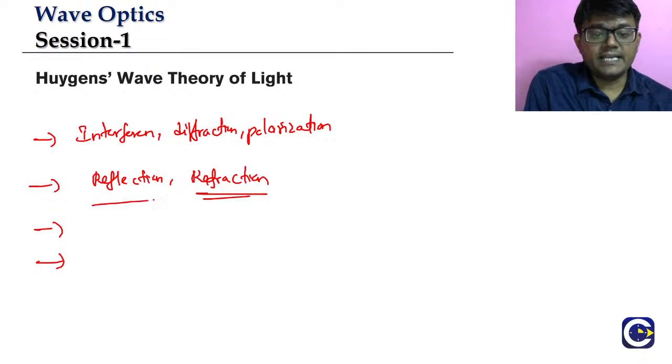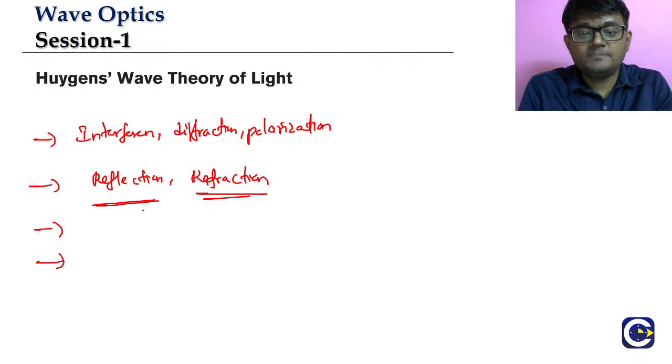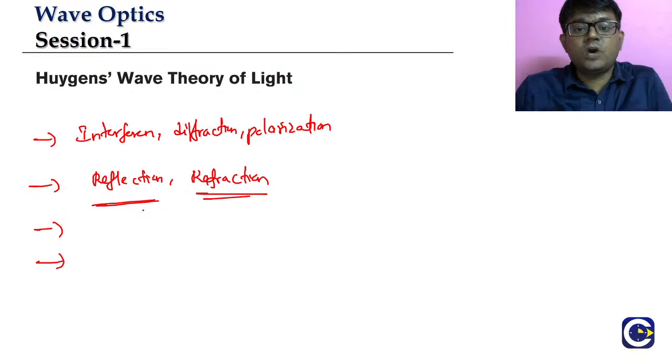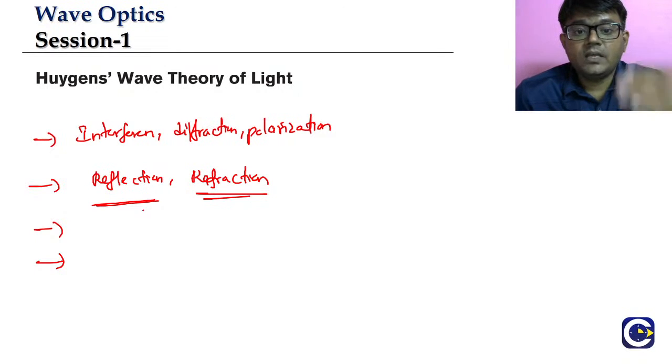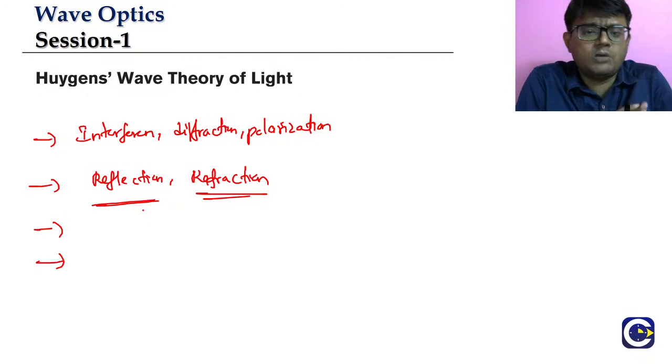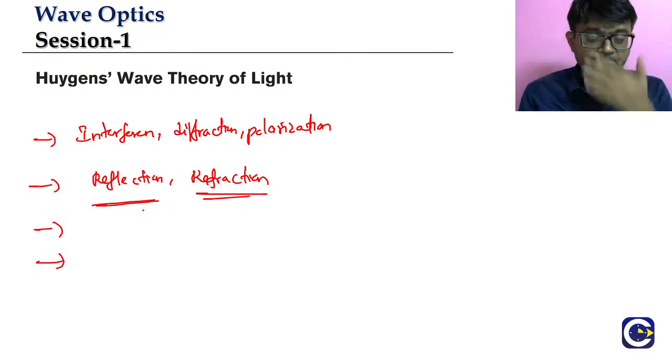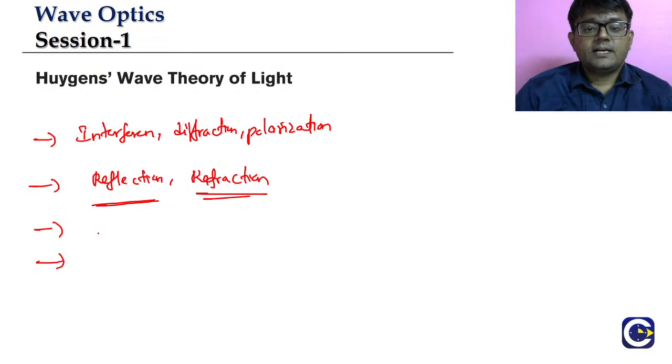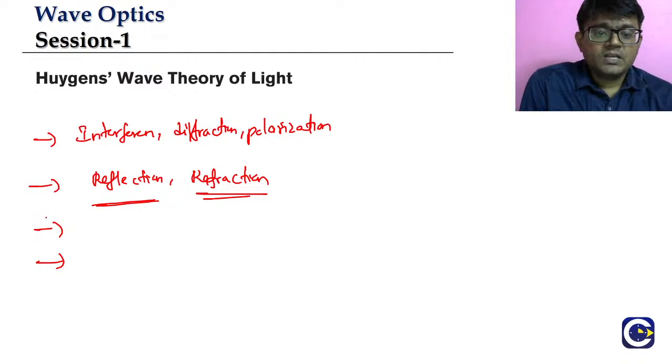In fact, in NCERT you will have the theoretical discussion as to how Huygens's theory was able to explain the concept of reflection as well as refraction. So we will make a separate video about those. Here we are not going to go into the details of how Huygens's theory was able to explain reflection and refraction. Then Huygens's theory has some drawbacks.